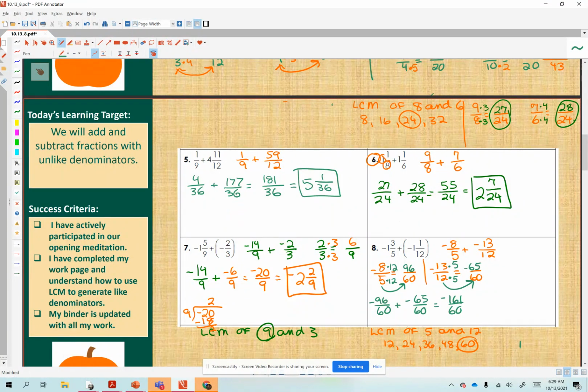And if I divide 161 by 60, I see that it goes in 2 times with 41 remaining, which means my mixed number answer will be negative 2 and 41/60 for our final answer.